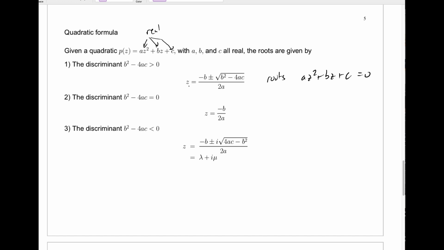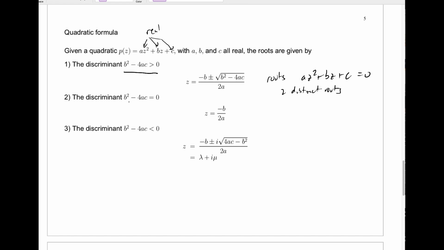And those roots are z equals minus b plus the square root of b squared minus 4ac over 2a, and minus b minus the square root of b squared minus 4ac over 2a. There will be two distinct roots. That's in the case where the discriminant is positive.